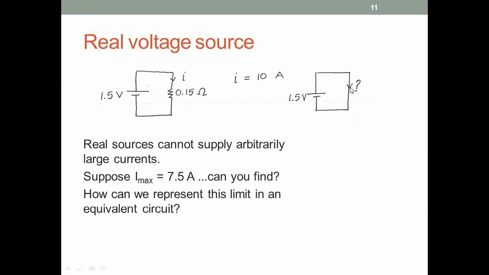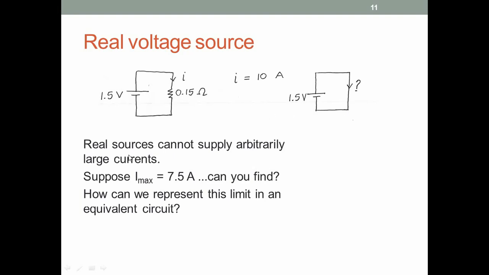Some finite current will flow, and it will flow as long as the voltage source, the battery in this case, has stored energy. Once all the energy is dissipated, current will stop flowing when the battery becomes fully discharged, which of course will happen very quickly. Okay, so now we want to represent this phenomenon that when a real voltage source is short circuited, a finite current flows, not an infinite current.